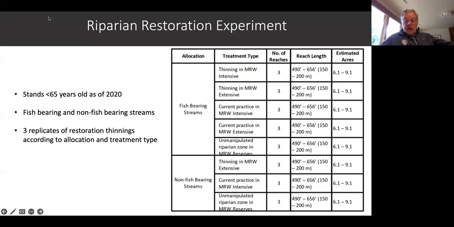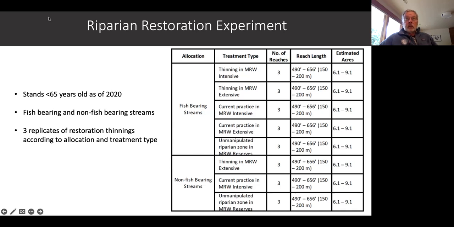So what you see here is a proposed approach to doing this, where we're going to look at the treatment, again, at thinning, and it's down to about, I want to say, 80 square feet per acre of basal area, which in discussions with foresters they feel is the appropriate level to get larger trees back into the riparian areas.